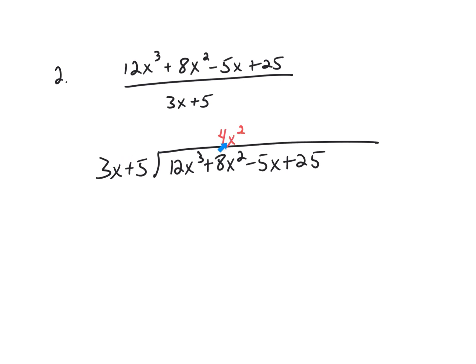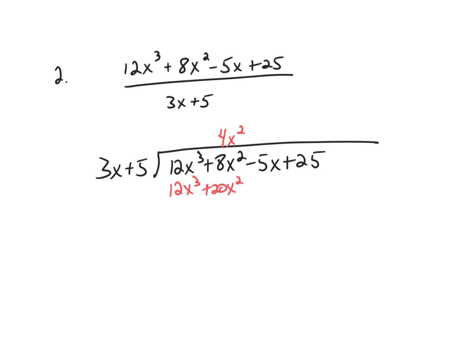Now we know this 4x squared. What we have to do is multiply both of these terms times 4x squared, just like any long division. So 4x squared times 3x is 12x cubed. And then 4x squared times 5 is 20x squared, so I would put plus 20x squared.